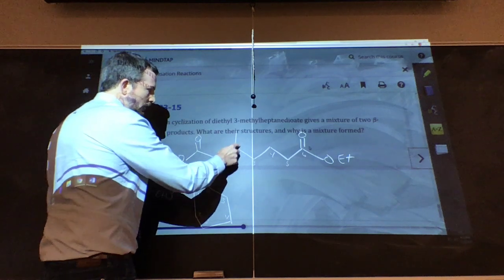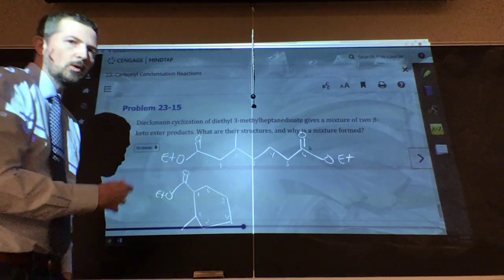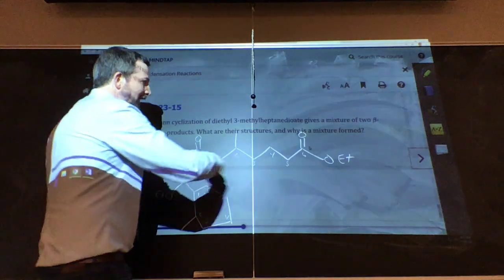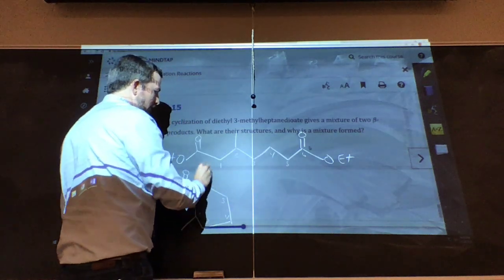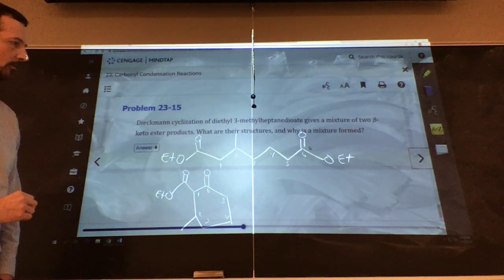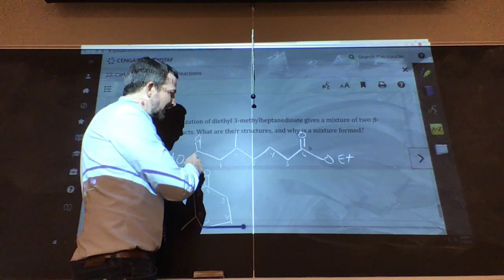At 2, I have the methyl. So I'm just keeping track of where everything is attached in relation to my ring. Then attached to the 6, I have my carbonyl there. But I started from this ester functionality on the left side here.